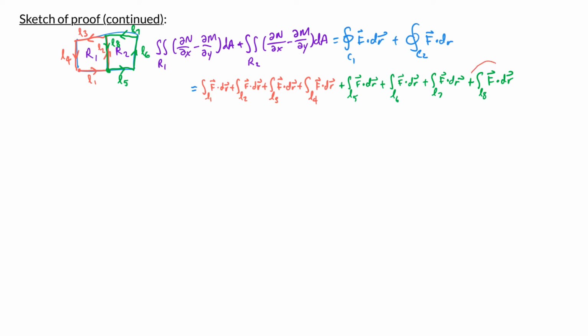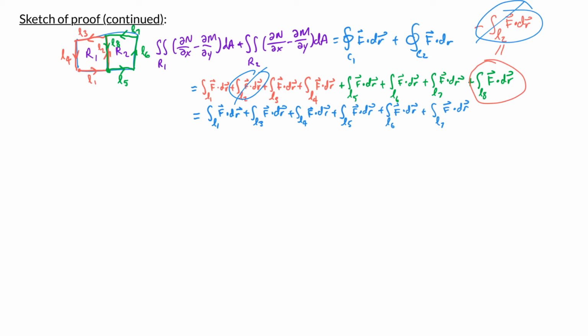Now the line integral over L8 can be rewritten as negative of the line integral over L2 of f dot dr because they are the same line just going in opposite directions. So I can cancel this term out with this term. So in the end, this is the line integral of f dot dr over the segments L1, L3, L4, L5, L6, and L7.